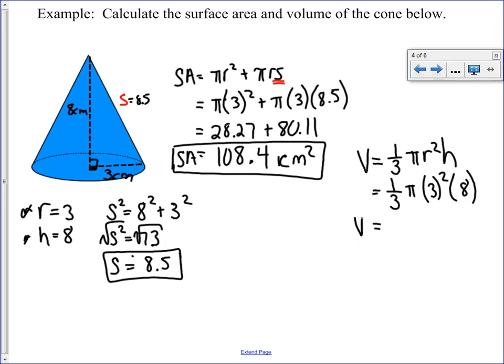We get that the volume is approximately equal to 75.4 centimeters cubed. So the volume always has cubic units, surface area will always have square units. And that's how you use a formula to find the surface area and volume.